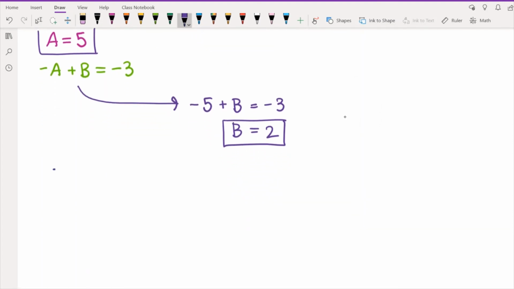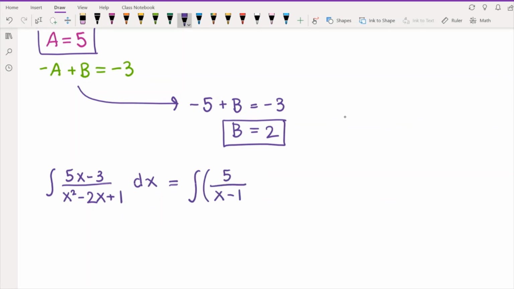So our original integral again was 5x minus 3 over x squared minus 2x plus 1. And we just figured out that we can break that into two fractions. So 5 was the numerator of just the x minus 1 part, and then 2 was the numerator of the second part, so that's the x minus 1 squared.